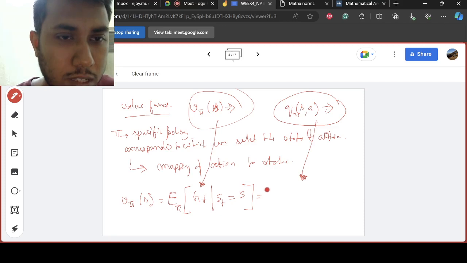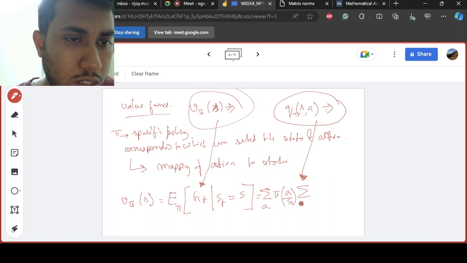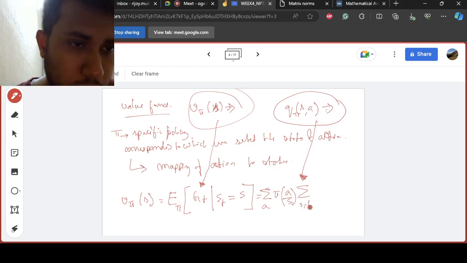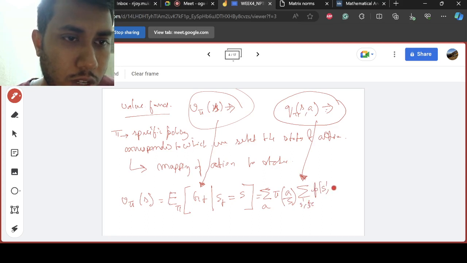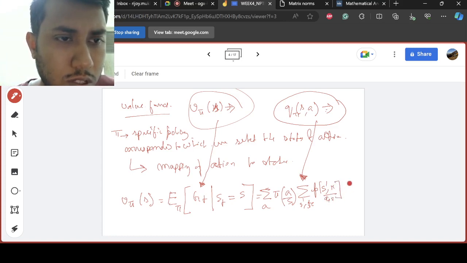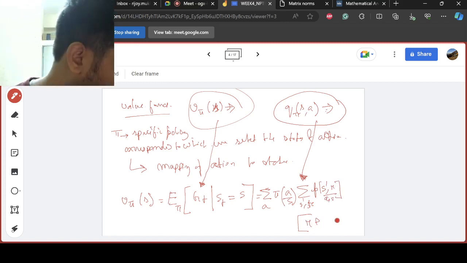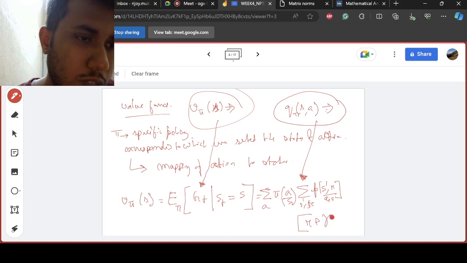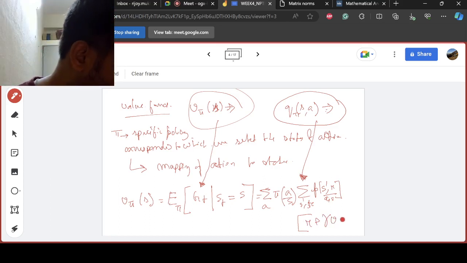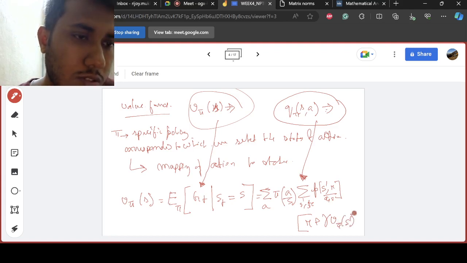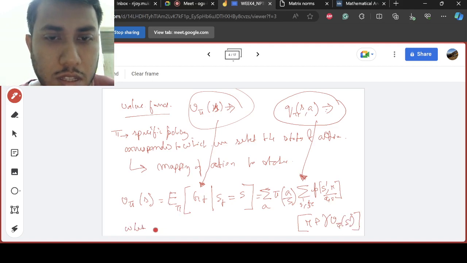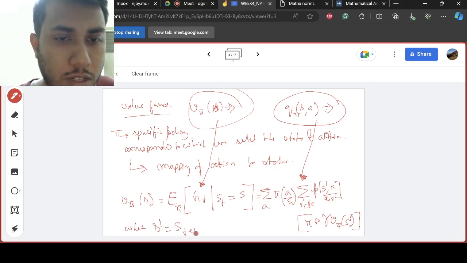The Bellman equation is given by the summation over a of pi of a given s, summation over s dash comma r, of p of s dash comma r given s comma a, multiplied by r plus gamma v pi of s dash, where s dash equals S of t plus 1.